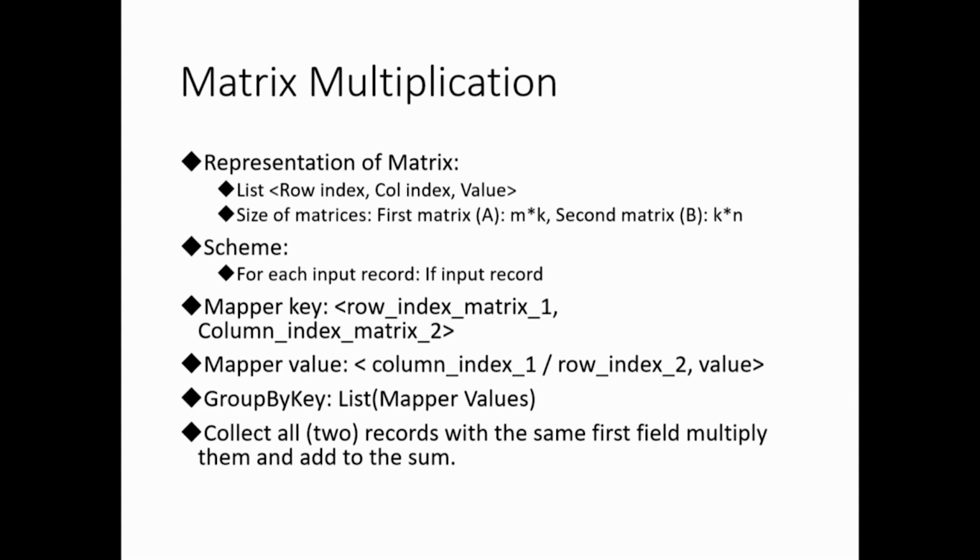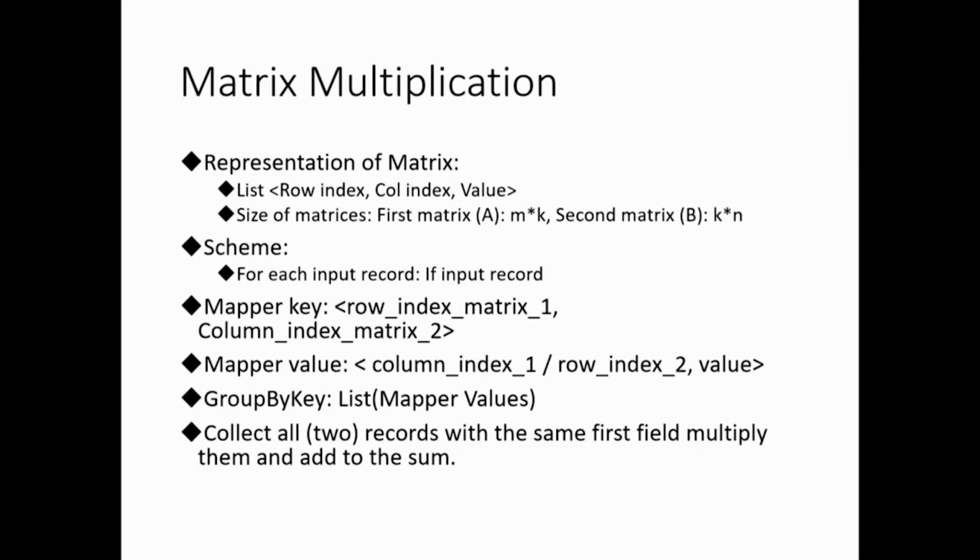For each of these, the value should be either the column index of the first input matrix or the row index of the second input matrix. Then you group by key.